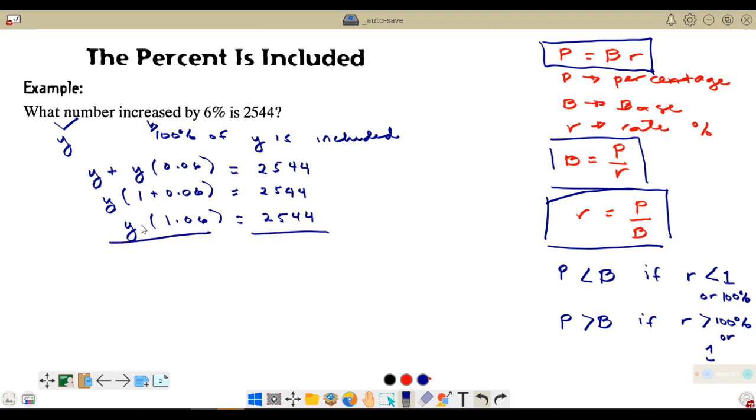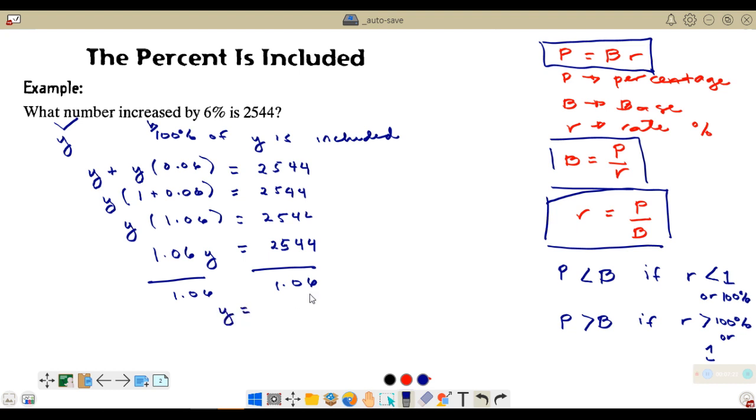Some of you, if you are diligent and like writing a lot, can also write it as 1.06y is equal to 2,544. But here you can already eliminate the 1.06. So to get the value of y, divide both sides by 1.06. So we have y is equal to, get your calculator, 2,544 divided by 1.06.